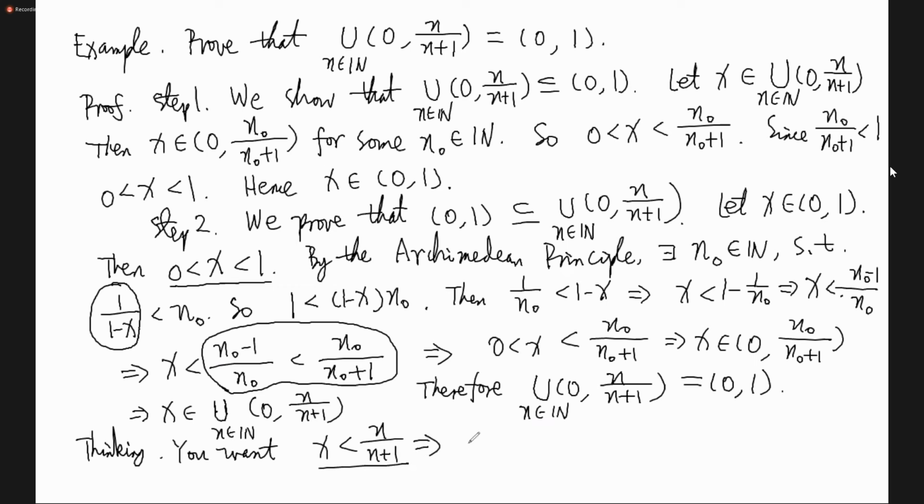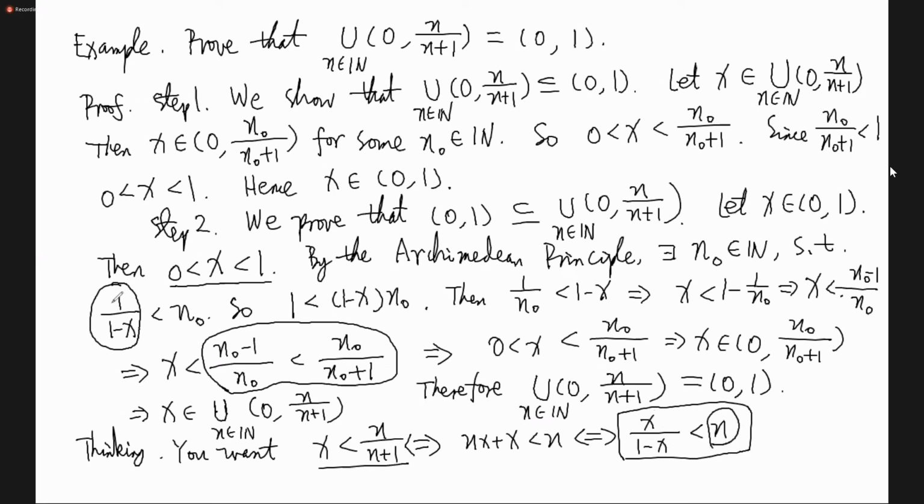This is what you want. Then you solve it. So this is nx plus x is less than n. And then what you get is x over 1 minus x is less than n. Actually, this is the exact thing you want to use. So you just need to pick n which is greater than x over 1 minus x.